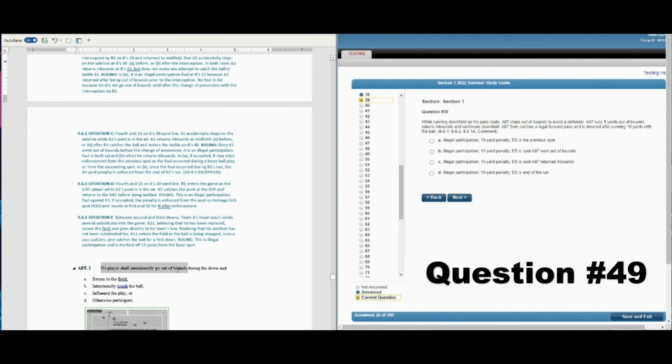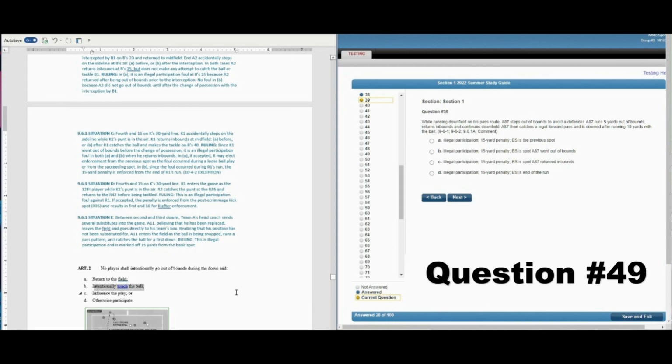No player shall intentionally go out of bounds during the down and A, return to the field, B, intentionally touch the ball, influence the play, or otherwise participate. So pretty much, if he goes off the field, he stays off the field, and that's what a smart player would do. He just stopped dead, realizing he's in danger of a 15-yard penalty.